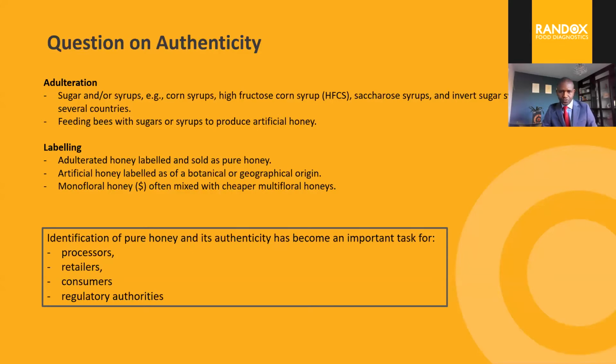So there is addition of sugar, but because sugar can be detected easily, some producers have now resorted to using some C3 carbon sources, or fructose rich agricultural products, especially corn syrups or fructose corn syrup, some saccharose syrups, some invert sugar syrups, and these come in various forms.